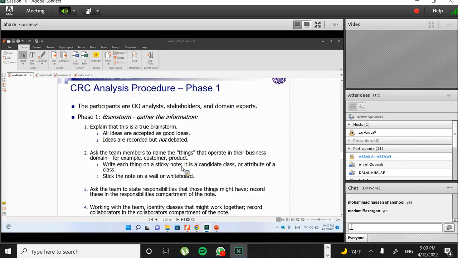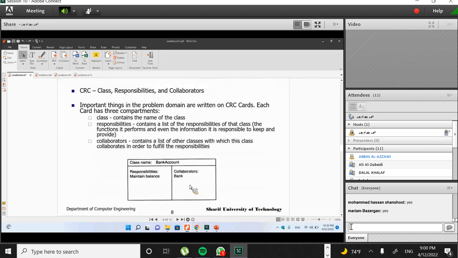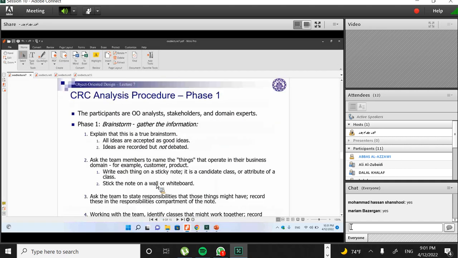Write each thing on a sticky note or on a CRC card. As you saw before, the CRC card has 3 parts. This is a sticky note or a CRC card. At this step, each important thing which will be discussed by the participants should be written on a sticky note or on a CRC card.